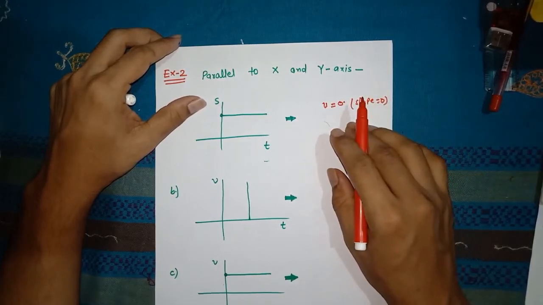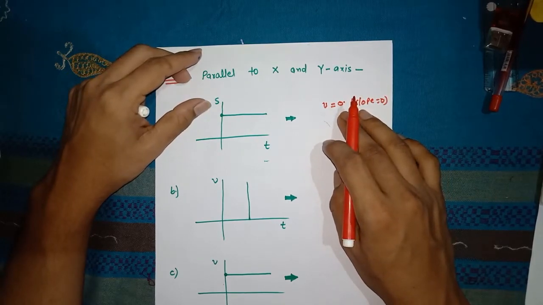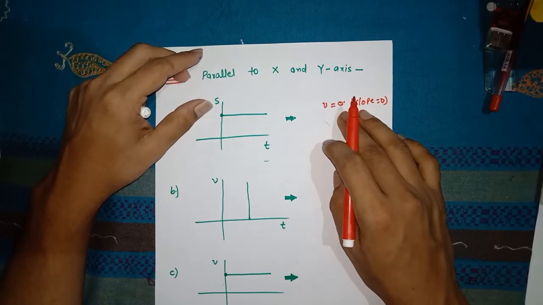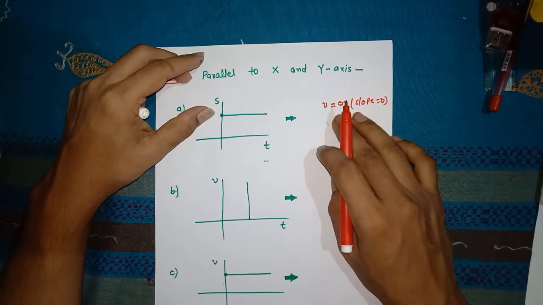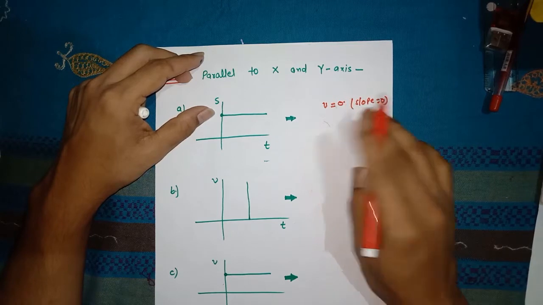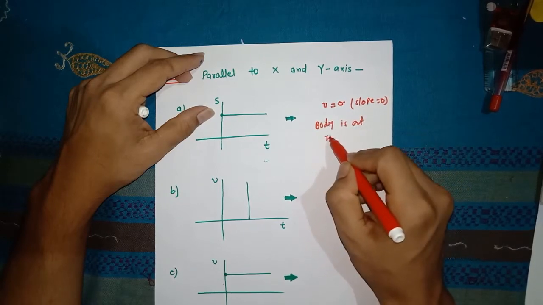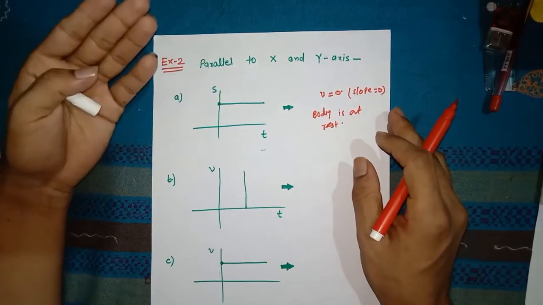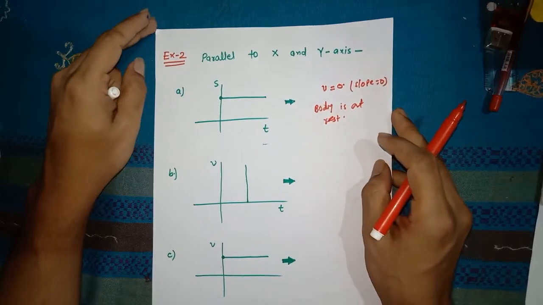You also think that if speed is zero, that means the displacement at every time is the same. Body never changes its position. That's why its velocity or speed is zero. Means you can say that body is at rest. Have you got my point? So in this situation, we can think that body is at rest or remains at the same position as time passes.